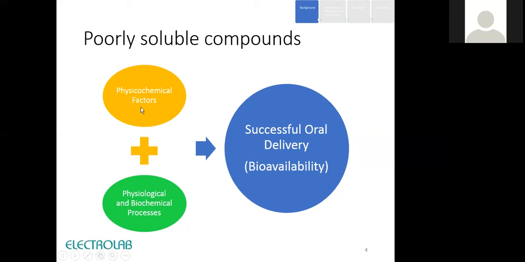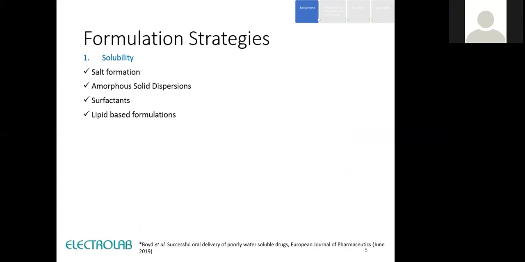So there are ways in which changes can be made in the formulation to improve the undesirable physicochemical properties that the API has. Here in this slide, I mention the most commonly employed strategies. The first is solubility enhancement.